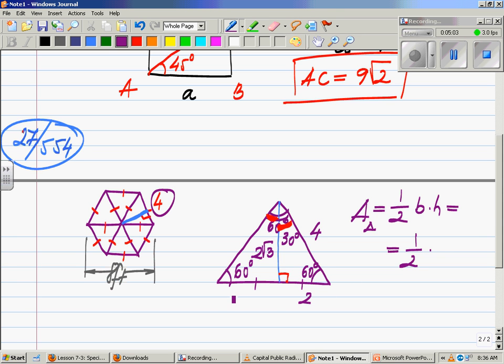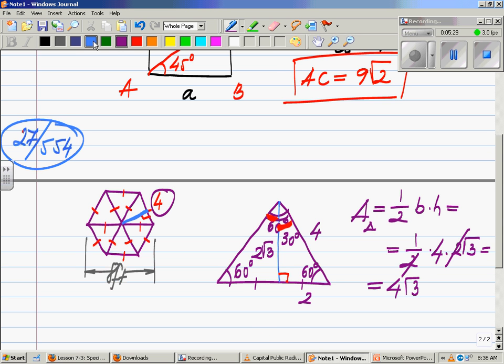Obviously you can go with the small triangle here, but I'm going with the big one. That's 4. And multiply by my height. How big is my height? My altitude? 2 square root 3. The 2 and 2 cross cancel here. The area of one of the equilateral triangles that you have here is 4 square root 3.